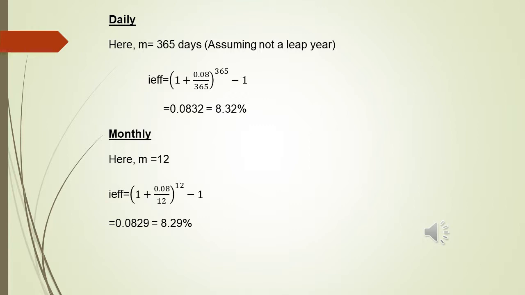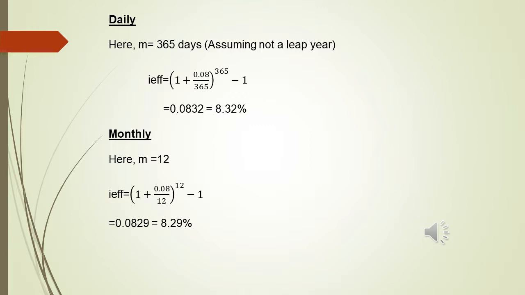M is the number of days, 365, so M is 365. Substitute this in the formula: I effective is equal to (1 plus 0.08, that is R by 100, divided by 365, that is M) whole to the power of 365, minus 1. While substituting, I'll get 0.0832, that will be 8.32%. So this is the effective interest rate for daily.